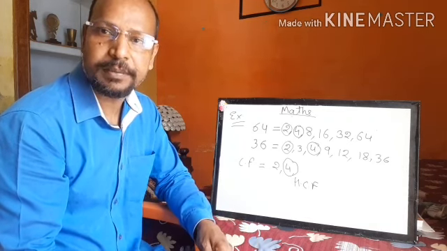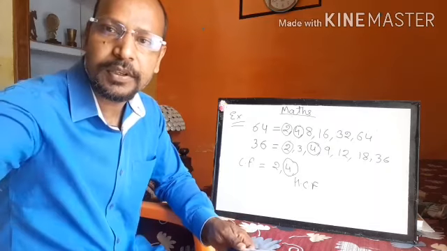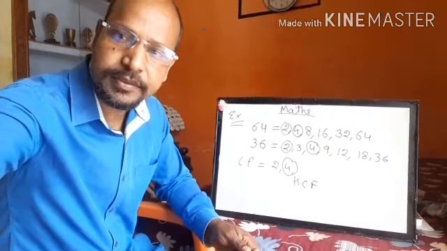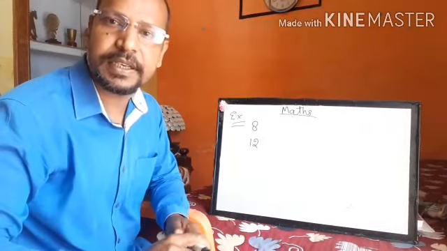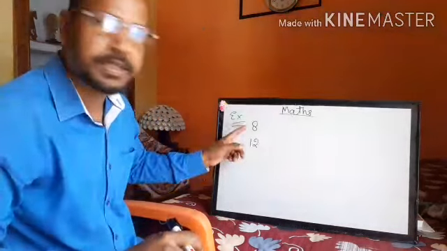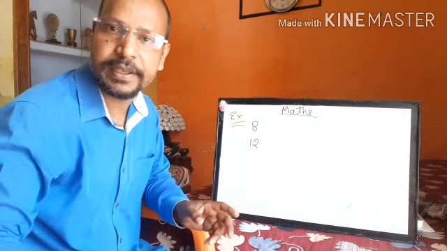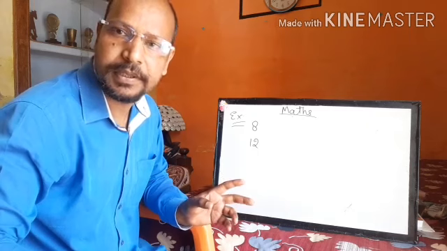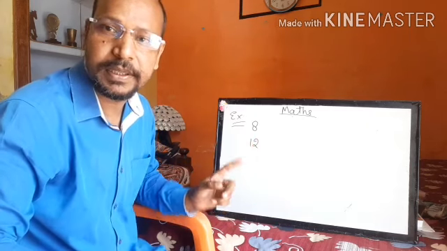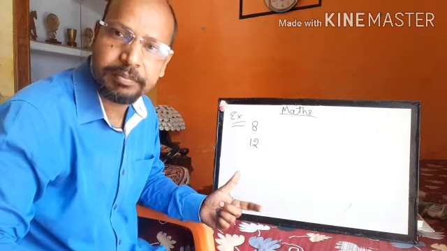Similarly, we are going to find the lowest common multiple, that is, the common multiple of given numbers. Let's take an example. I am taking two numbers, 8 and 12, and we are going to find the multiples of these two numbers. Then we will find the common multiples.